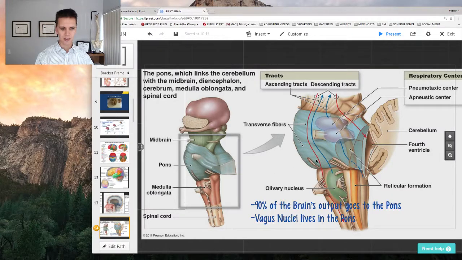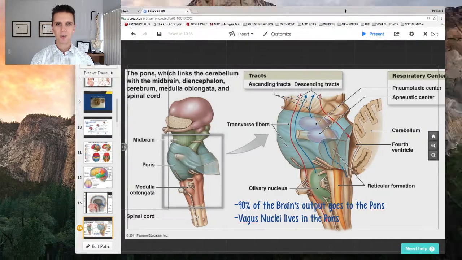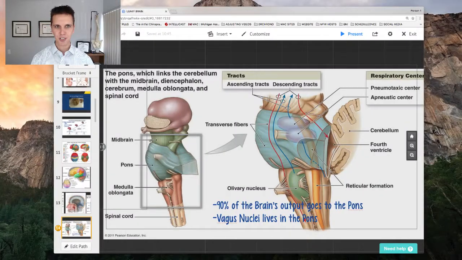What I want to point out here to you guys is 90% of the brain's output goes to this little guy right here. This is called the pons, okay? What's so great about the pons? The pons is the location for the vagal motor nuclei. What's the vagal motor nuclei, Dr. Kyle? The vagal motor nuclei is the place where the vagus nerve originates.